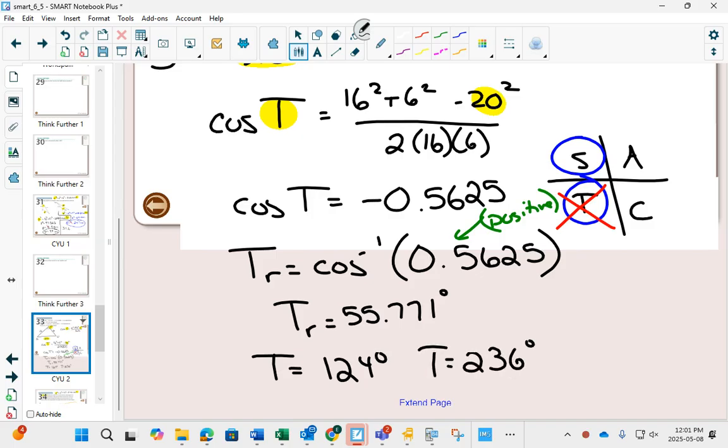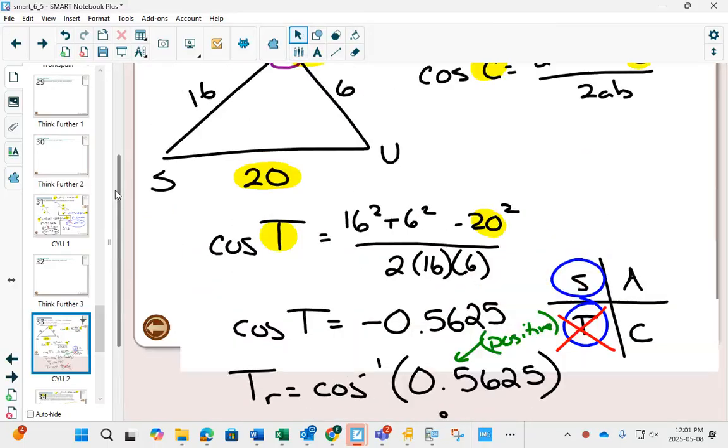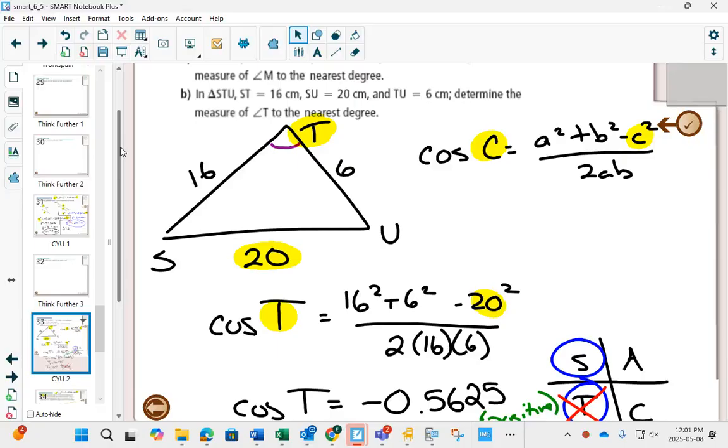And of course, the 236 doesn't make sense with the triangle. Does the 124 work? Yeah, it's possible, right? Interesting observation: if you got the negative, you're going to get an obtuse angle. Here's another interesting observation for you.